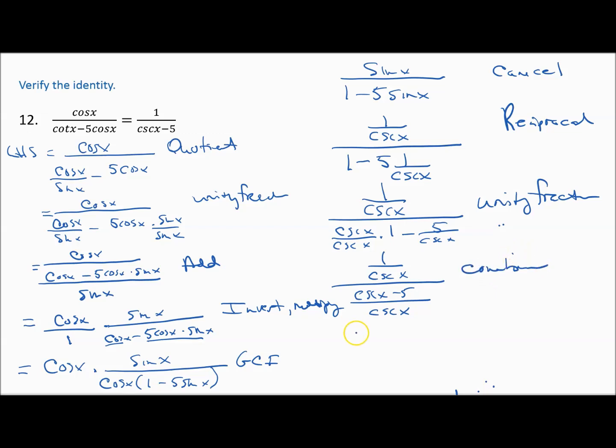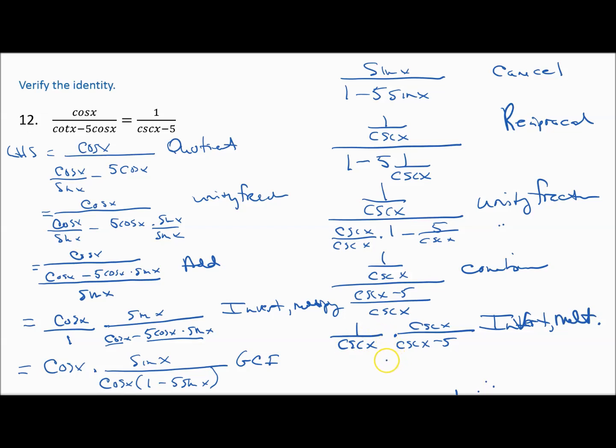Now I invert and multiply. So I have 1 over the cosecant of x, that's my numerator, times flip this guy, cosecant of x over cosecant of x minus 5. Cosecants cancel. Okay, so again, invert and multiply.